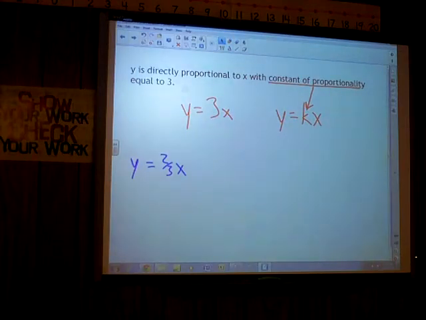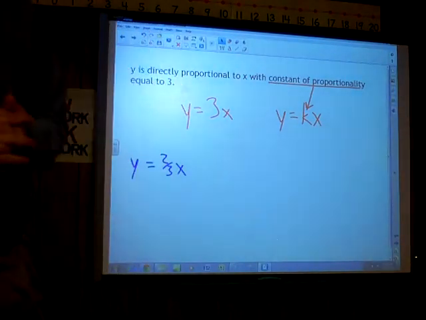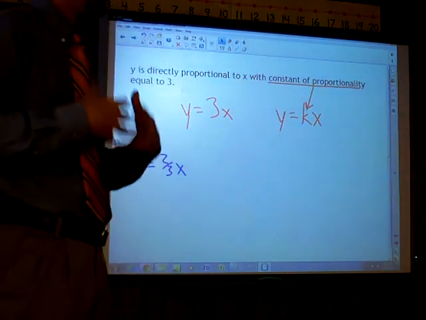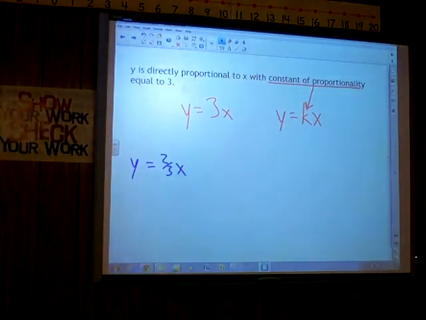Jacob? Take 54 and divide it by 9. What do you guys think? Looking for some feedback. Unless you're thinking nothing, in which case you need to think something. Come on.